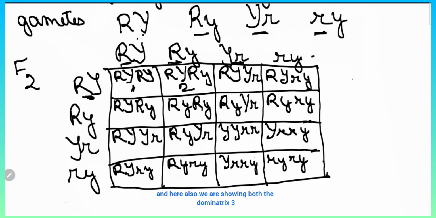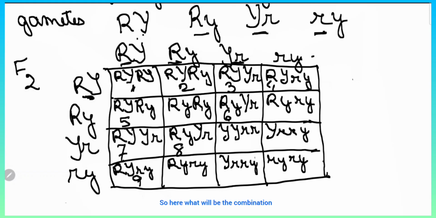Here also, 3. So here also 4. Here also 5. This no, because here both they are having yellow, so this is not showing. Again this is 6. Here no. Here it is yes. It is 7. Here again it is 8. Here no. Here no, but this is showing. So this is our 9.